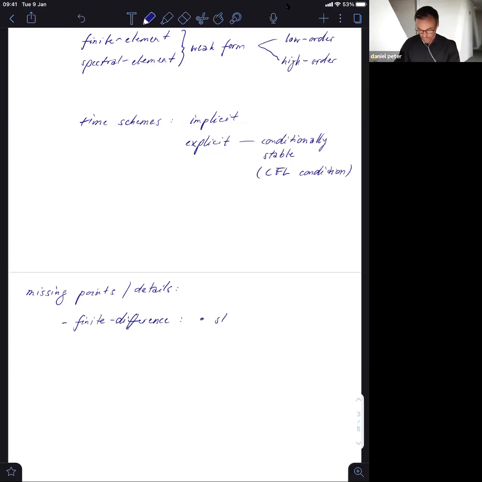But especially for wave propagation, finite difference schemes dealing with staggered grids became much more popular, actually. We touched on it a little bit when we looked at higher order finite difference schemes.